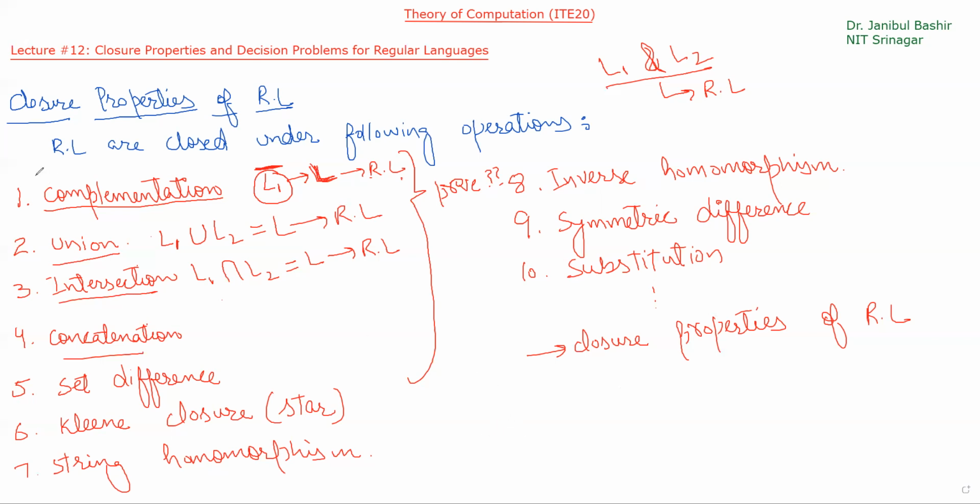Okay, so let's first prove why complementation is a closure property, or we can say we have to prove that regular languages are closed under complementation. So let's prove this. Then we will prove second, third, fourth, fifth, and sixth.